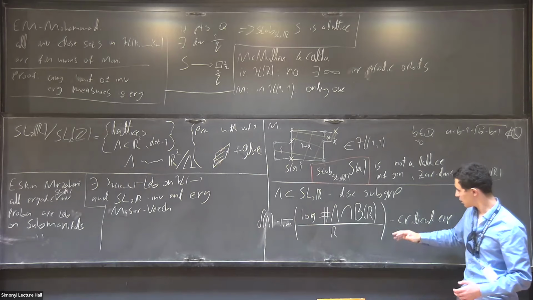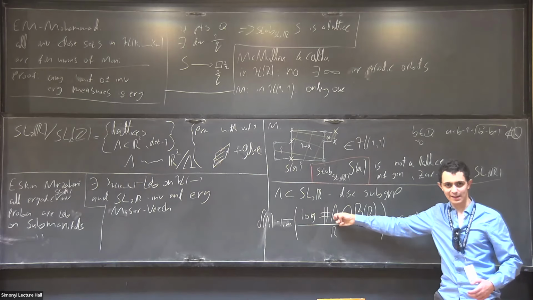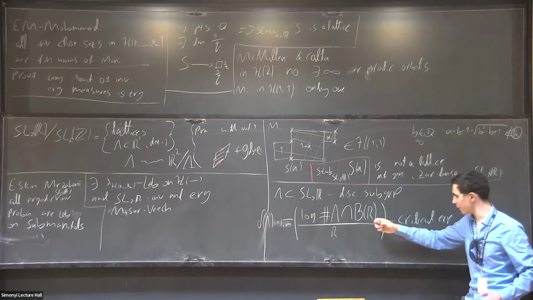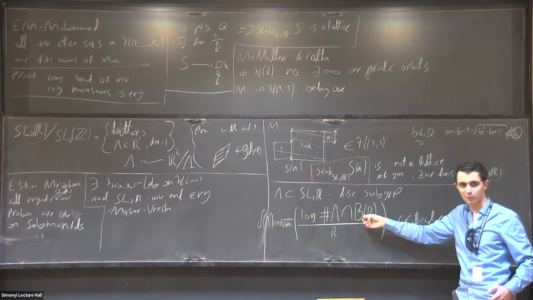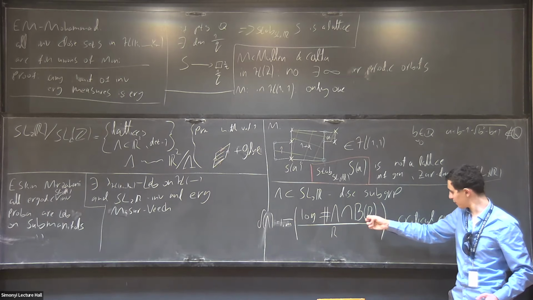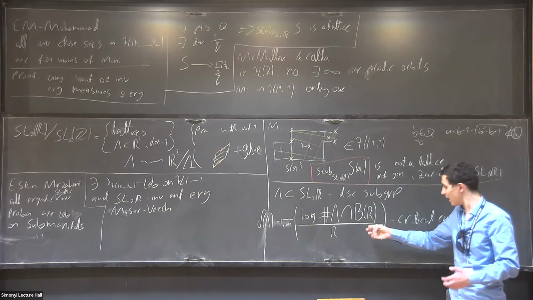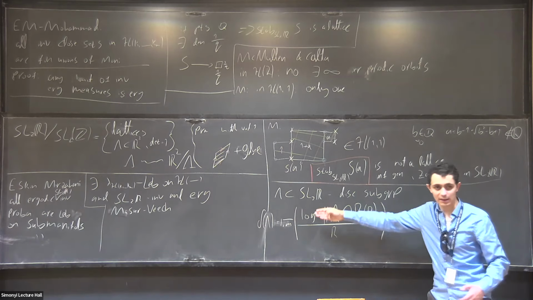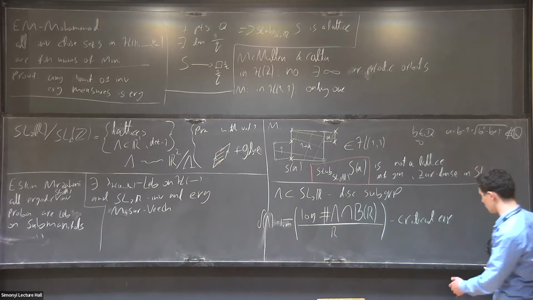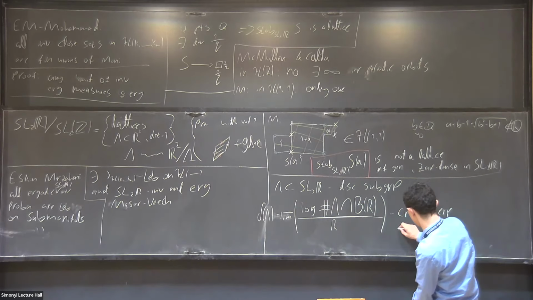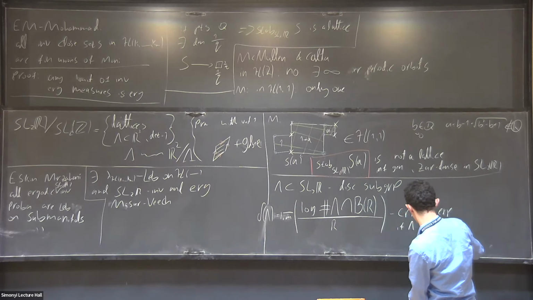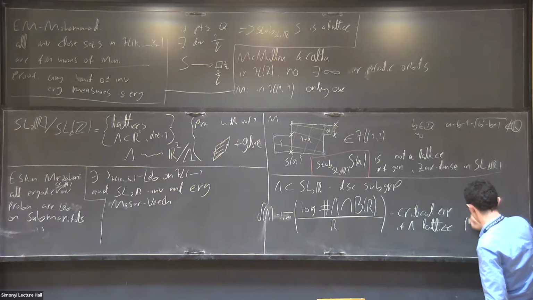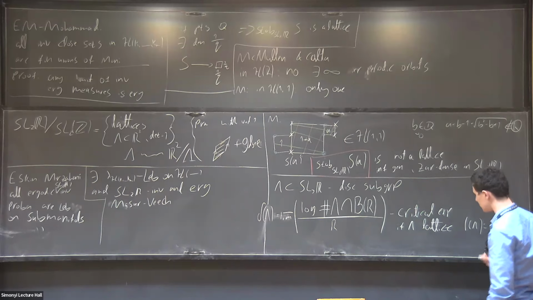For lattices, if lambda was a lattice, the growth rate of this intersection was roughly the growth rate of the volume of the ball. And the growth rate of the volume of the ball is e to the R. So taking logarithm, dividing by R, taking the limit, we get 1. So if lambda is a lattice, the delta of lambda is 1.